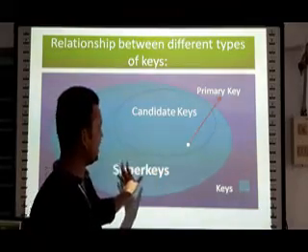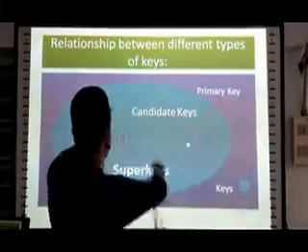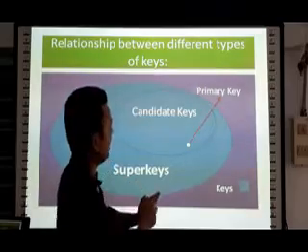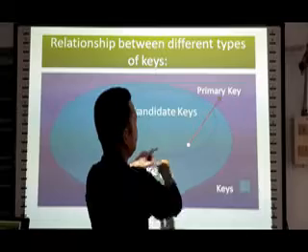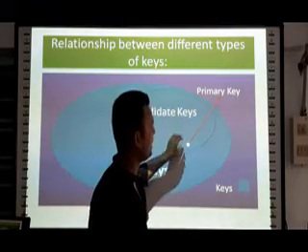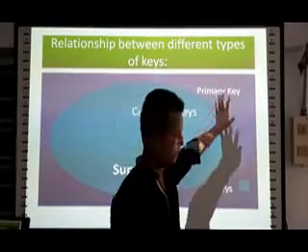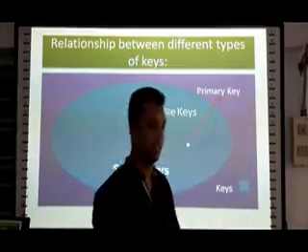Okay, inside super key, candidate key and primary key will be there. If we consider super key as a universal set, then inside that universal set we have got the candidate key set. And inside candidate key, from that particular set of candidate keys only, we need to choose the primary key.